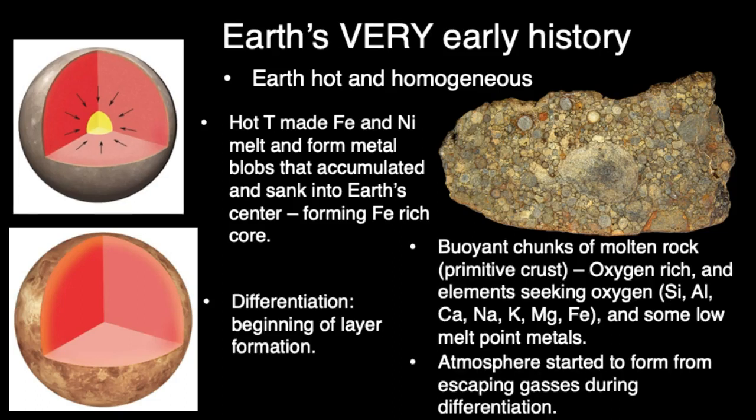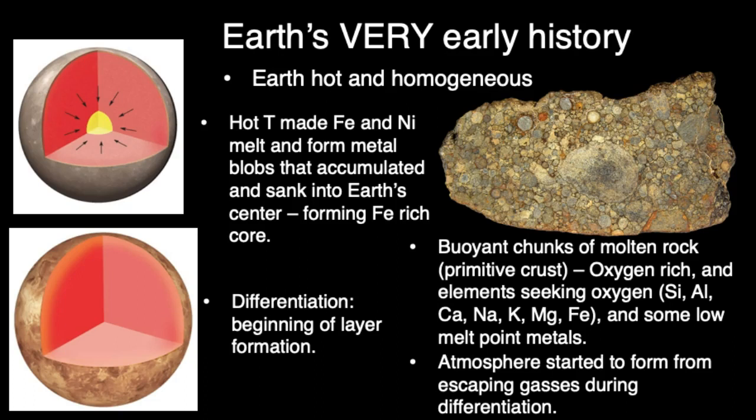The other effects from this early period of heating resulted in another process which we call chemical differentiation, where buoyant chunks of molten rock, like the primitive crust, rose up to the surface. So more buoyant, less dense things rose up to the surface of that gigantic body that was initially homogeneous and is now starting to split chemically.